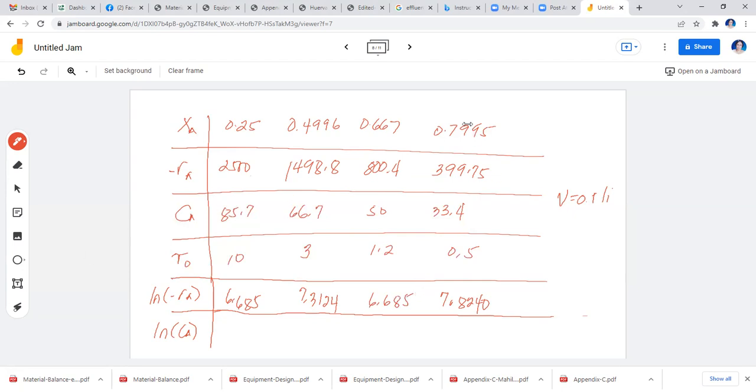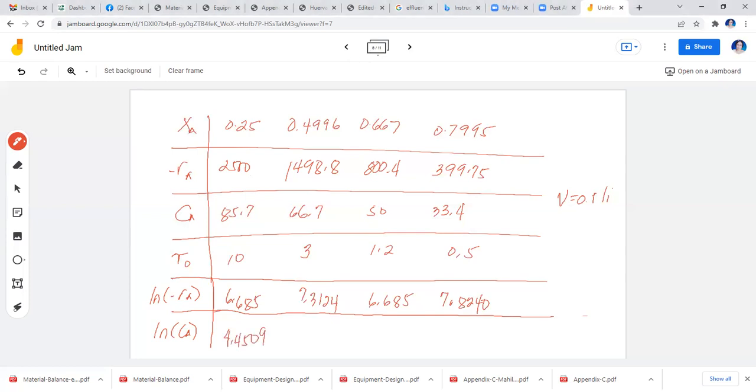For the last, we have the LNs of the concentration. So the first one will be computed by Bia, the second one by Josh, the third one by Amit, and the fourth one by Jericho. Bia, 4.4509.